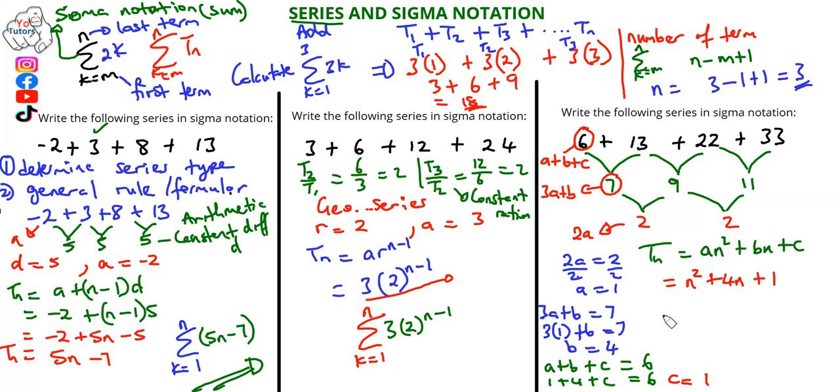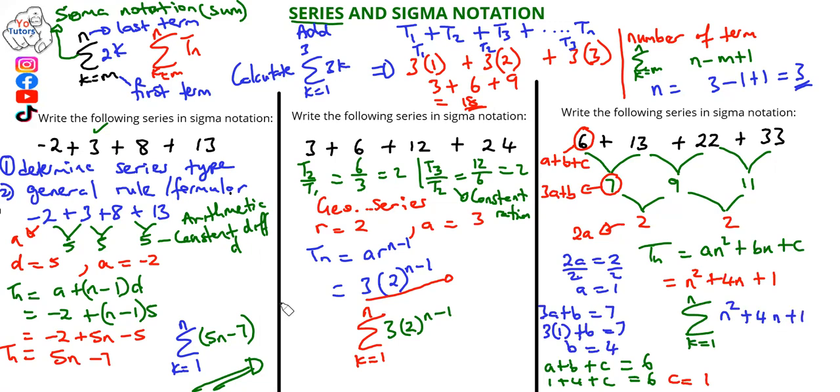So now, how do we plug it in on the sigma notation? We're going to draw our sigma notation here. Then we have our k equals 1, and the last term is going to be n. Then our general rule here is going to be n squared plus 4n plus 1.